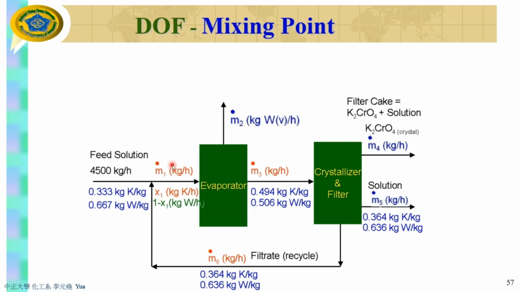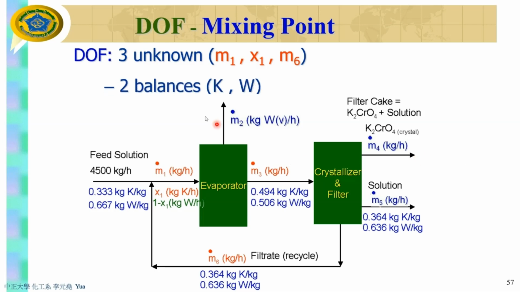And then let's go to the single unit system, starting from the mixing point. How many inputs? 2 inputs. How many outputs? 1 output. So how many unknowns? 1, 2, and 3. So you have 3 unknowns.